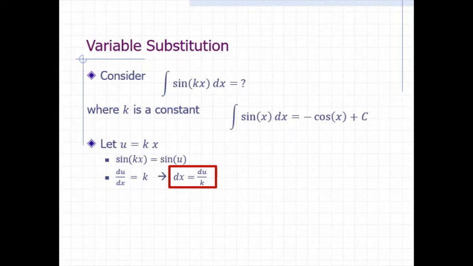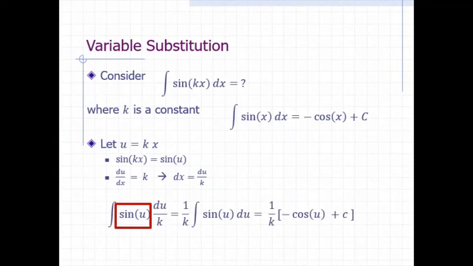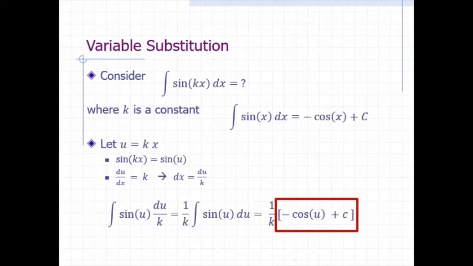So now we substitute sine of u for sine of kx and substitute du over k for dx. 1 over k is a constant, so we can factor it out of the integral. So now we have 1 over k times the integral of sine u du. The integral of sine u du is negative cosine of u plus an arbitrary constant, which we are representing here by lowercase c.